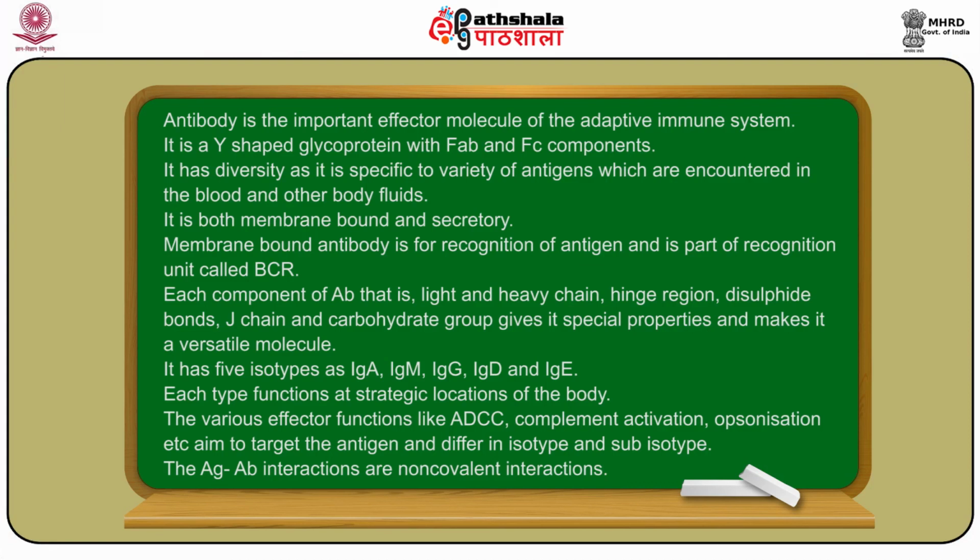Each component of antibody, that is light and heavy chain, hinge region, disulfide bonds, J chain and carbohydrate group, gives it a special property and makes it a versatile molecule. It has 5 isotypes as IgA, IgM, IgG, IgD and IgE.